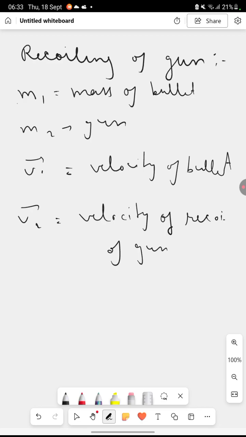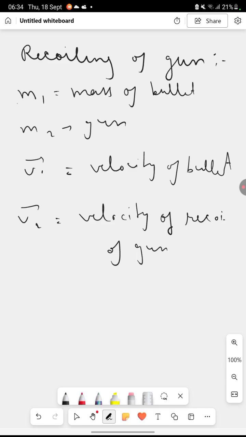During recoiling of a gun, a bullet moves with the greater speed in forward direction. At that time, due to some reaction force, the gun moves in backward direction to some distance. So, according to the law of conservation of momentum, we can say the linear momentum of the gun will be equal to the linear momentum of the bullet.